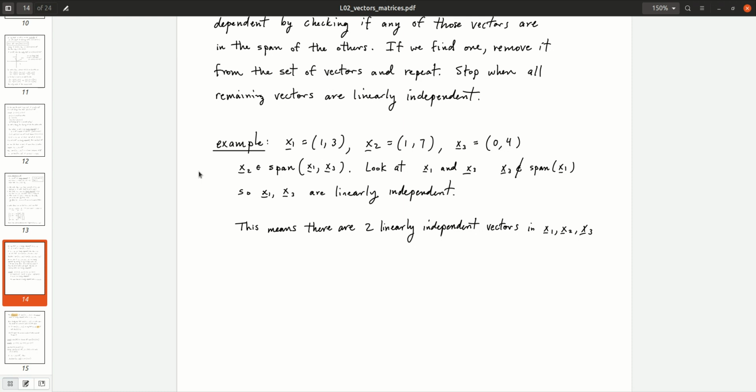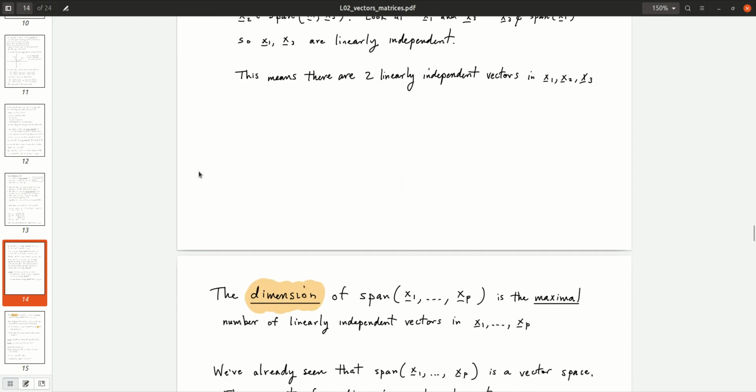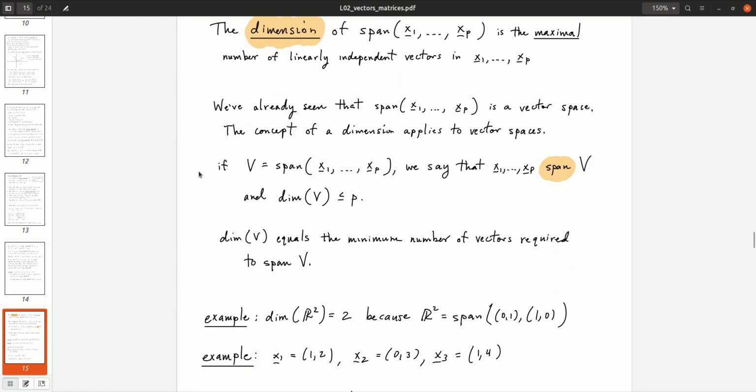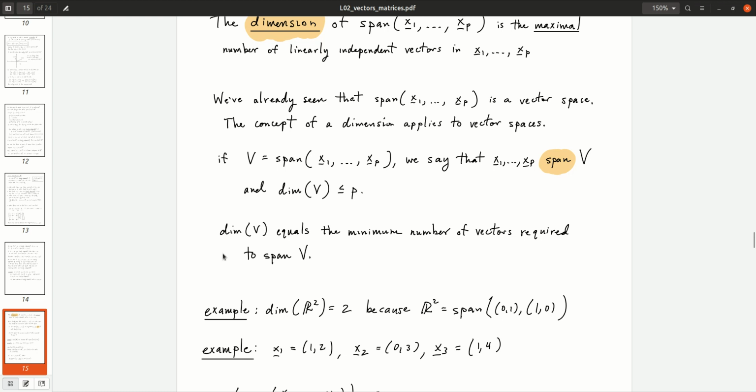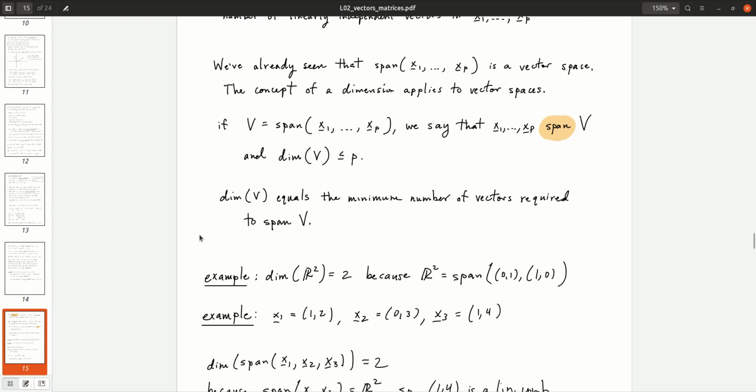So we can think about the dimension of a vector space as the minimum number of linearly independent vectors required to span the vector space. And that's the equality definition here. The dimension is the minimum number of vectors required to span the vector space.